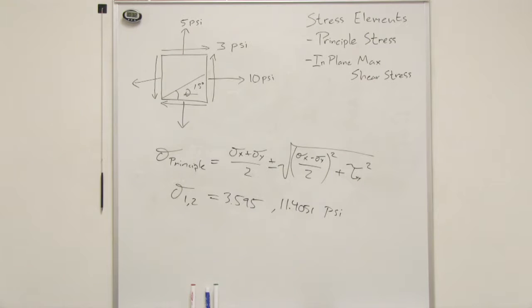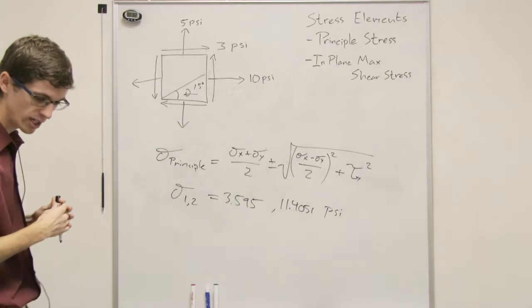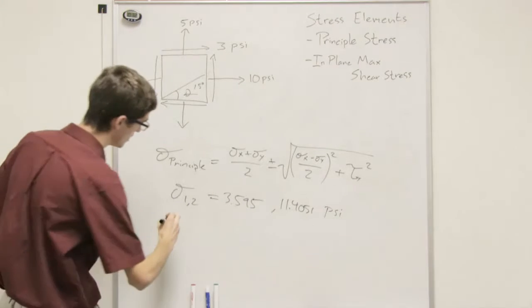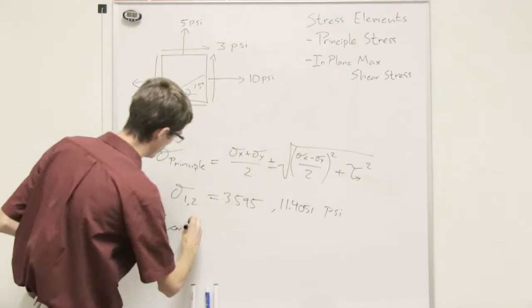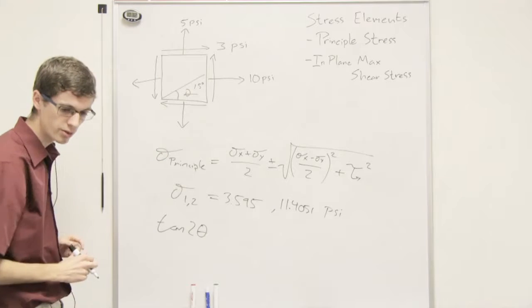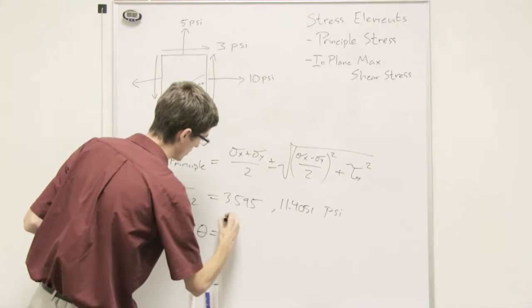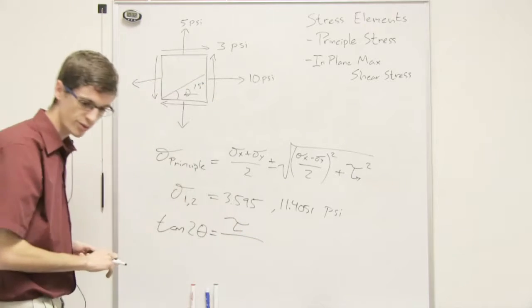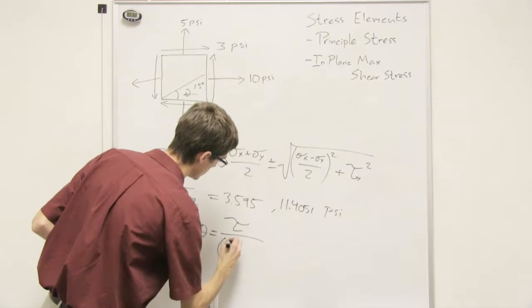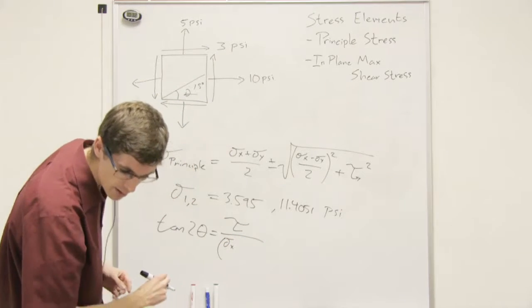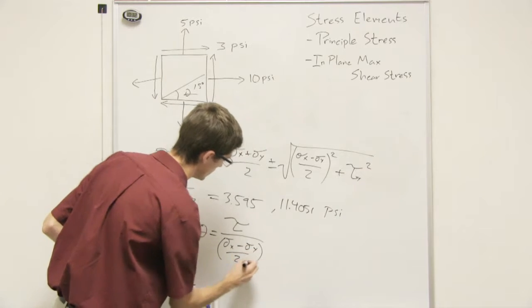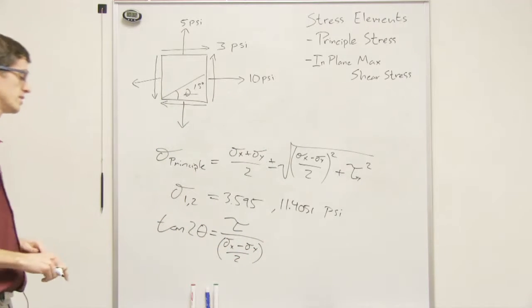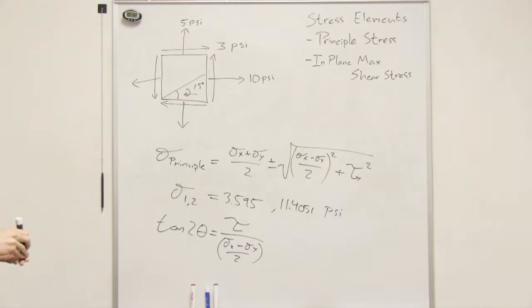We can do that using the equation: the tangent of 2 theta, where theta is the angle we're looking for, is equal to the shear over sigma x minus sigma y over 2.